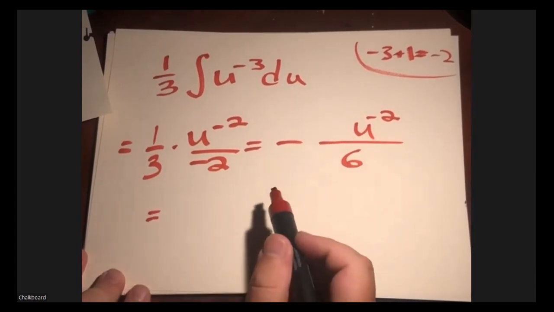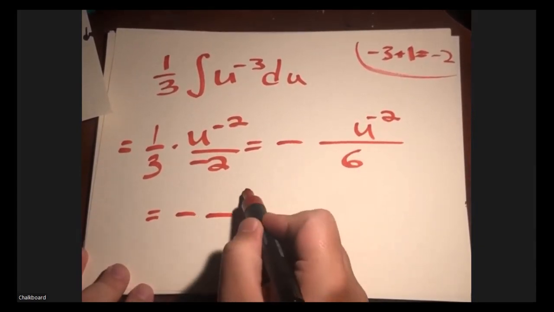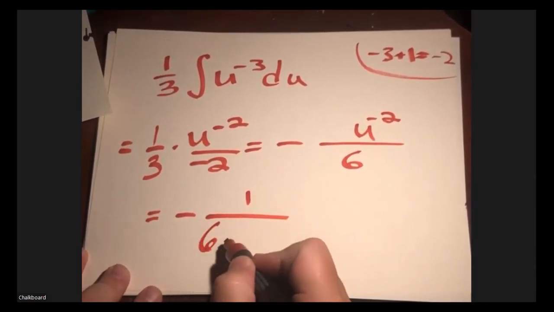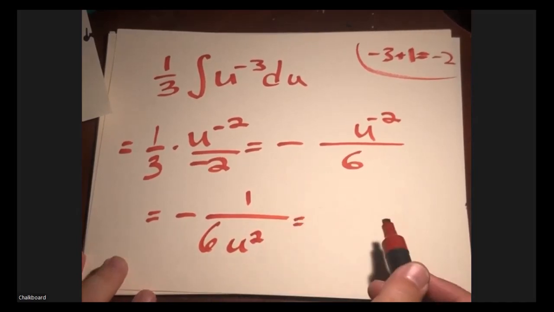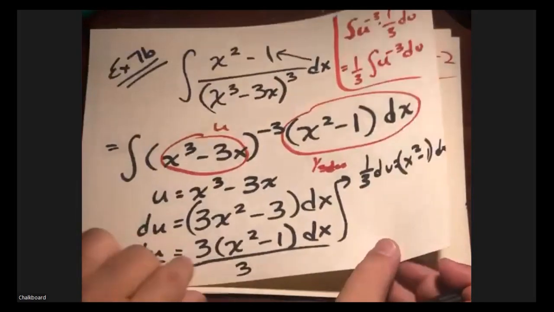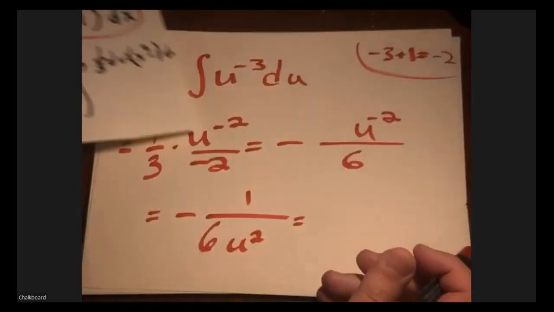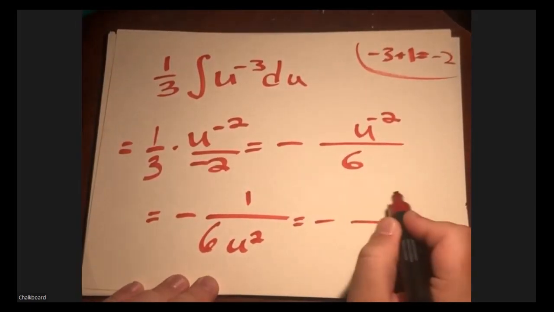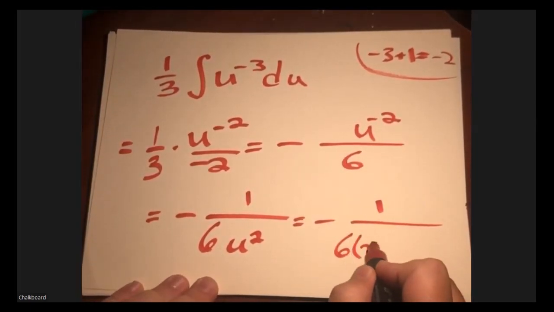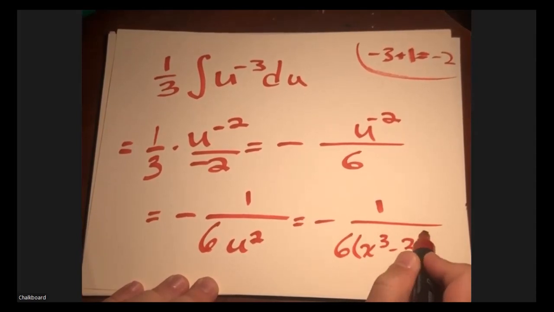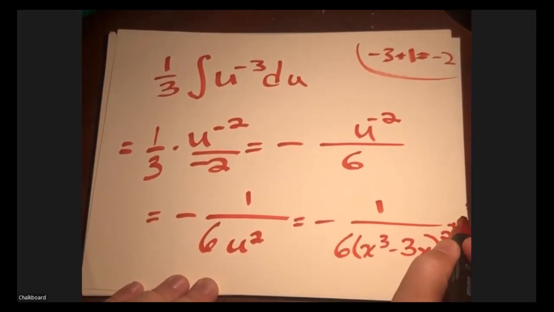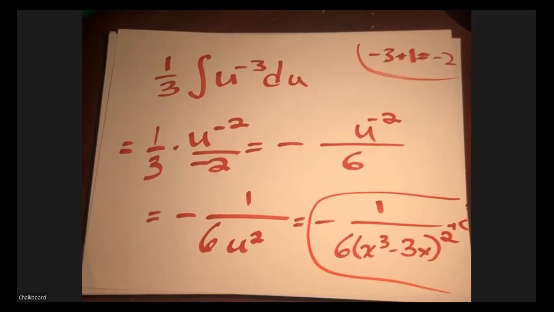To make it a little bit nicer, you could make it like this, 1 over 6u squared. But it's not u. What is u? U is x cubed minus 3x. Plus c, of course. And there's your answer for that one.